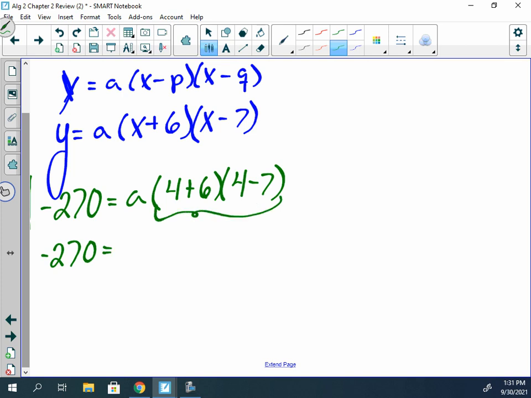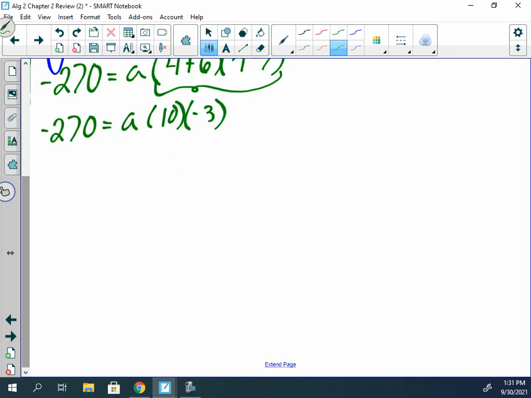Now, you can type all this into the calculator, because again, it's two numbers being multiplied together. Or if we did it by hand, 4 plus 6 is 10, 4 minus 7 is -3, and 10 times -3 would be -30.